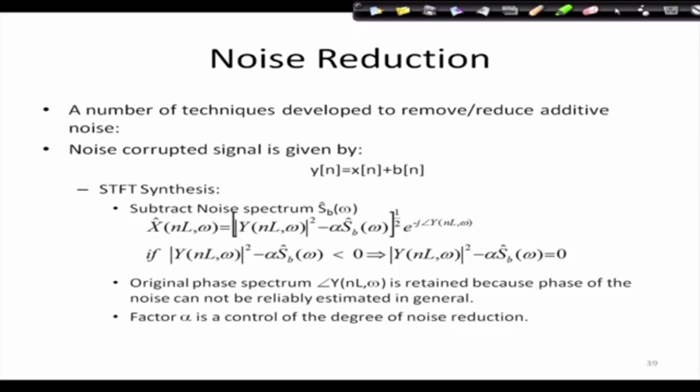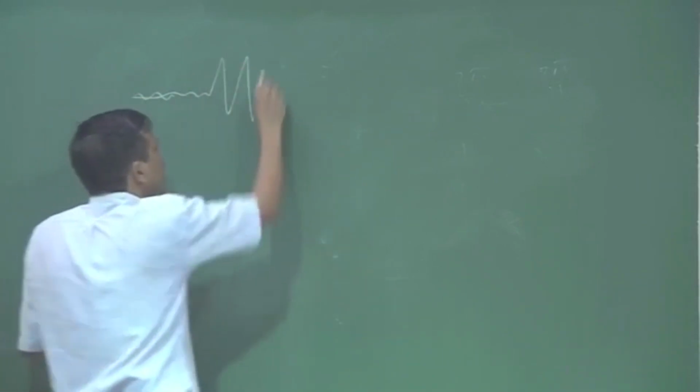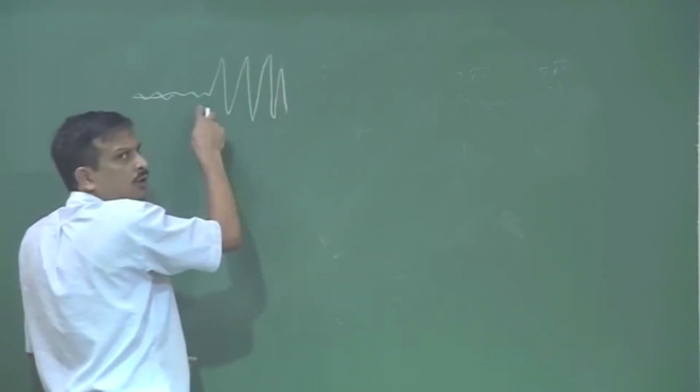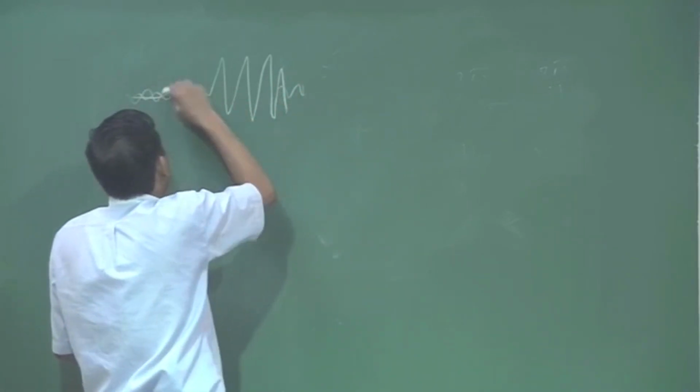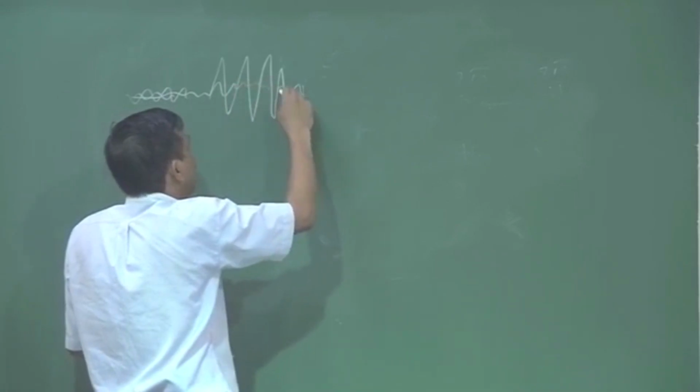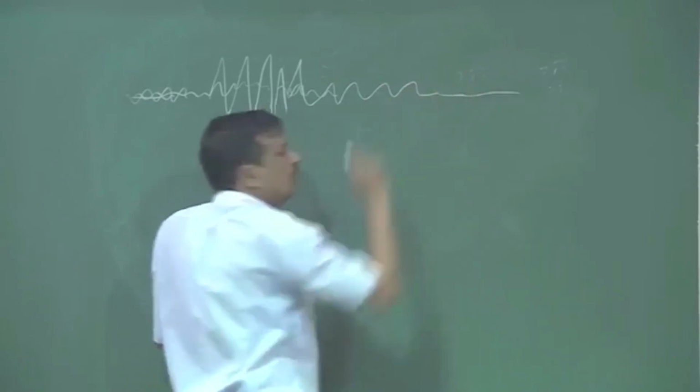Okay. Next one is noise reduction. You know that in Cool Edit there is also a button called noise reduction. So suppose I have recorded a speech signal, this is silence, then I start recording, in this portion I have not spoken anything, then I start speaking. So the noise in the silence region is also here, and the noise is there during the speech as well.